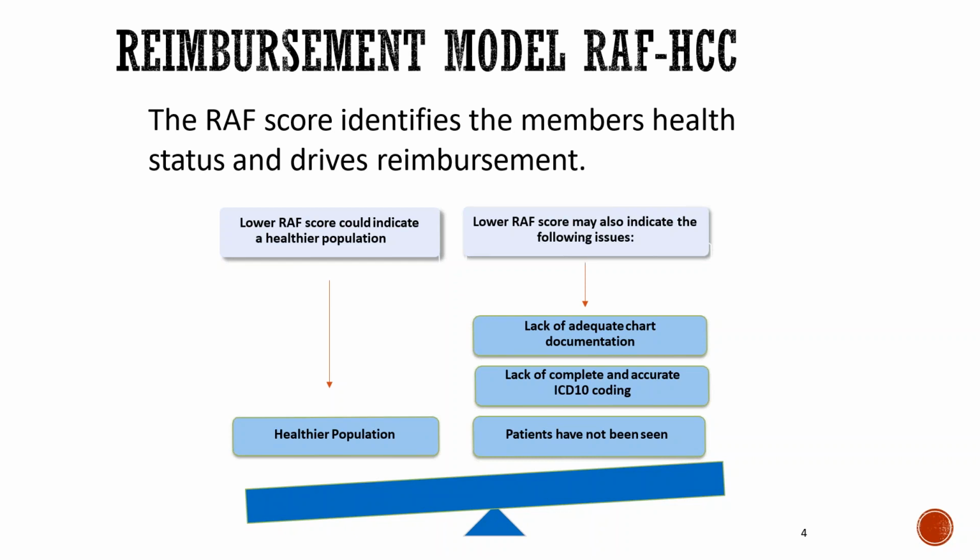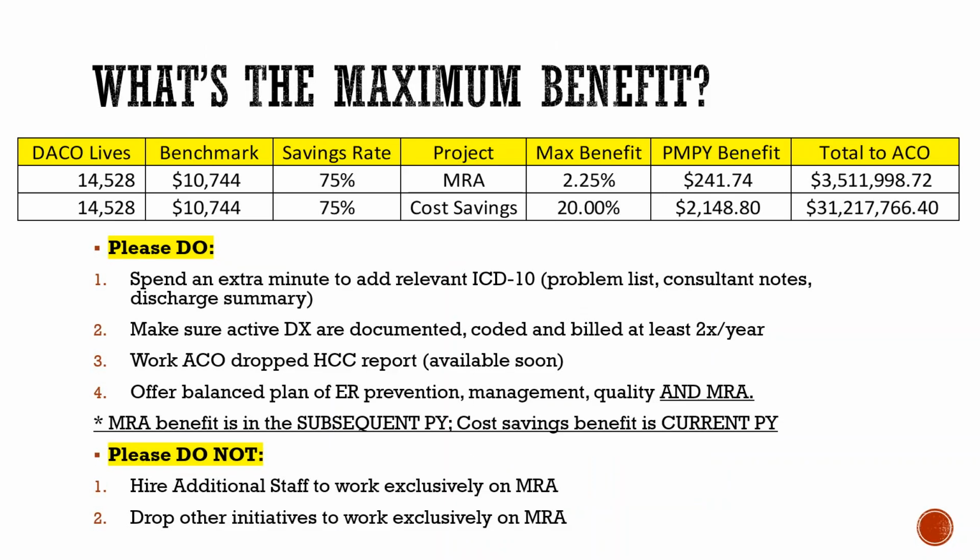The rest of their chronic conditions did not get adequately coded, billed and documented. And then the patient never came back, and we never had the opportunity to do this again. So all of these could lead to lower RAF scores, lower risk scores for your patients, and in essence, you're showing Medicare that this patient is less sick than they actually are.